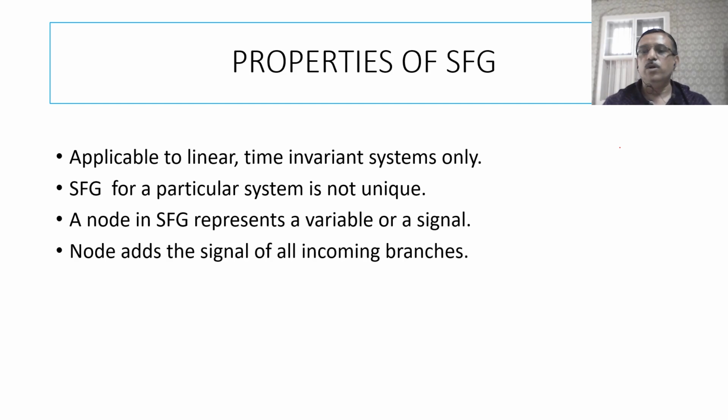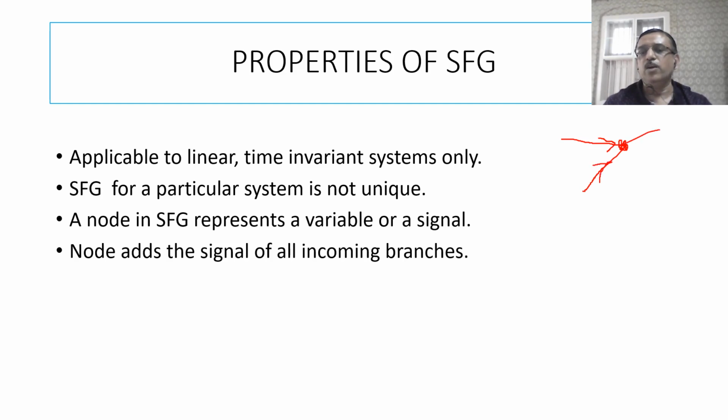Suppose this is a node. One signal is coming over here. If this signal is x1 and another signal is coming over here, it is x2.